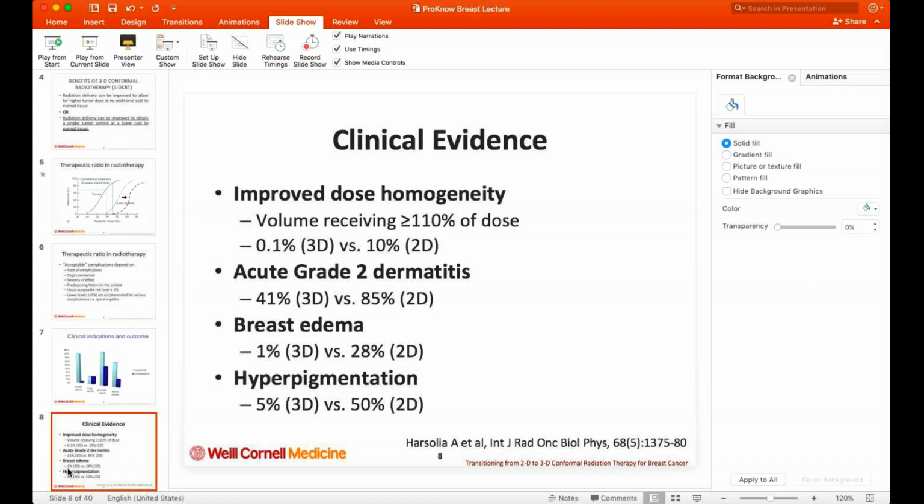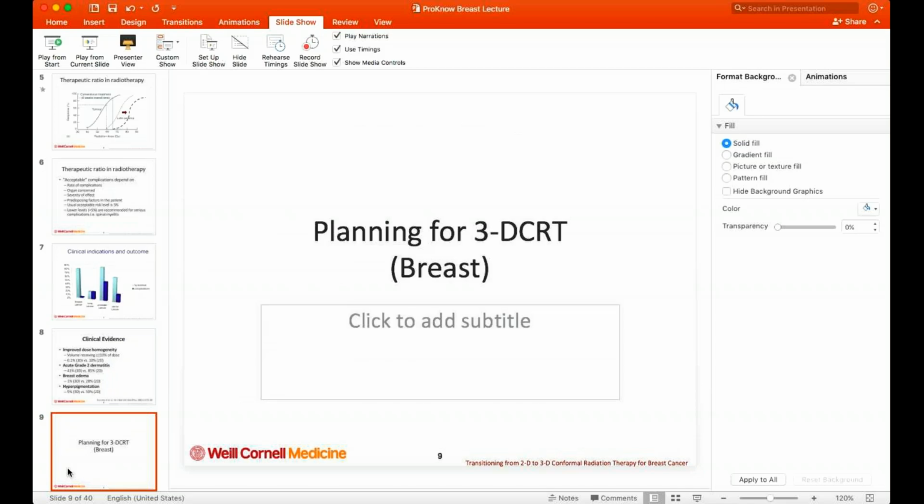In addition, side effects like dermatitis, breast edema, and hyperpigmentation were significantly reduced. So in terms of planning for 3-dimensional, does anyone have questions about that previous section?